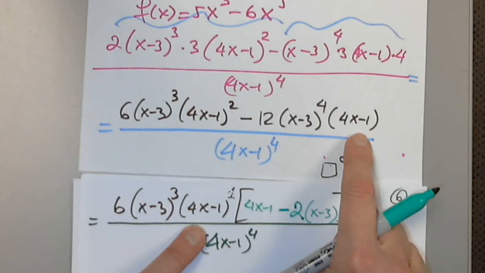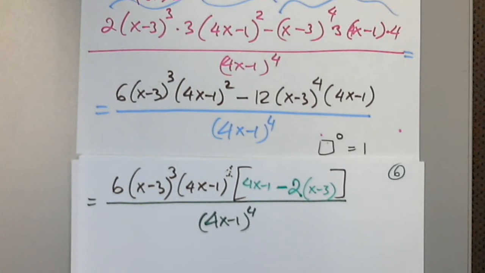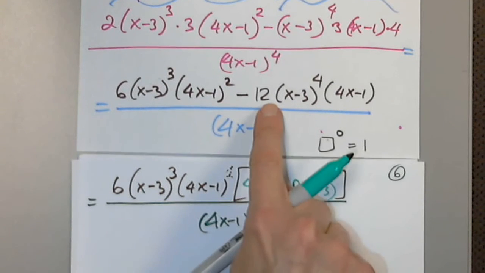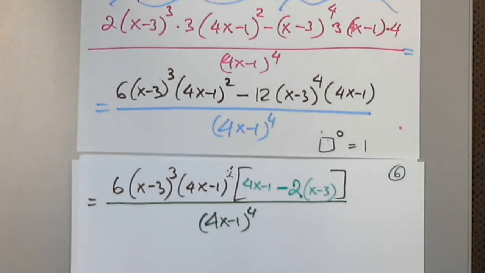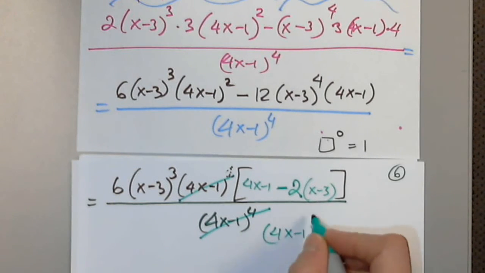It's completely out. Very good. Any questions? Where did 2 come from? 6 times 2 is 12. That's okay? Now I am allowed to do this. Why? Because I'm simplifying factors. 4x minus 1 at the top is now a factor, not part of a term.